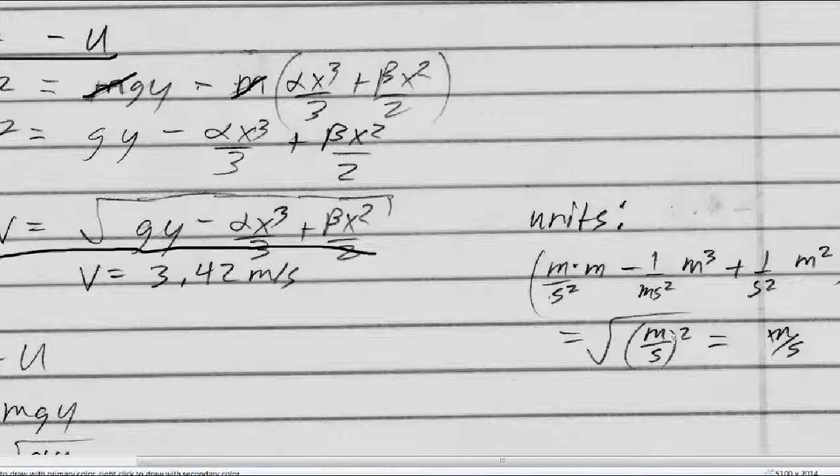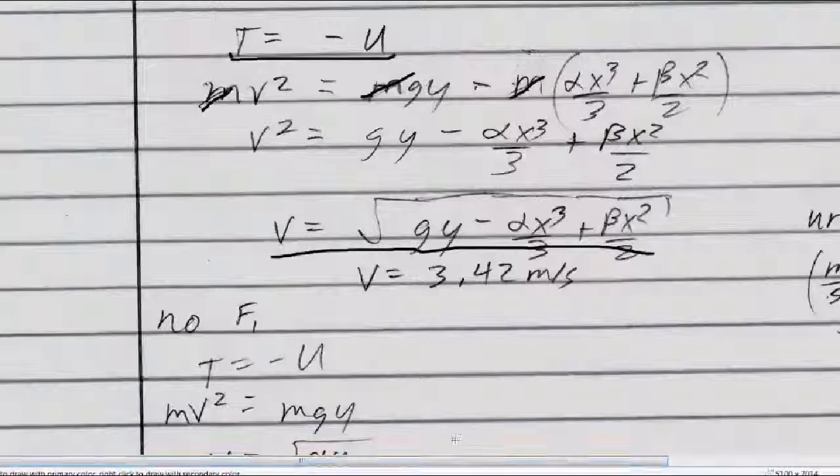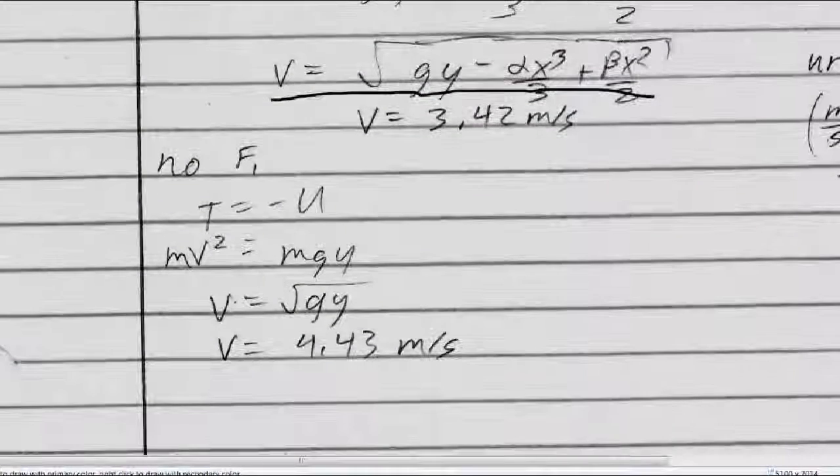We end up taking the square root of meters squared over seconds squared, and you take the square root and you get meters per second. So that makes sense.